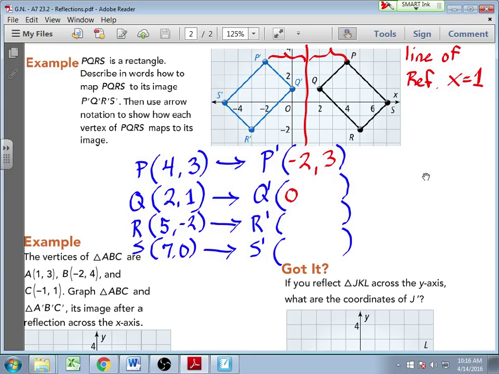So this becomes 0, 1. My R prime becomes -3, -2. And my S prime becomes -5, 0.